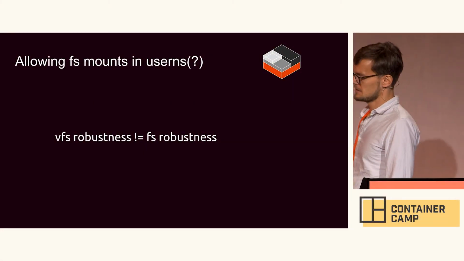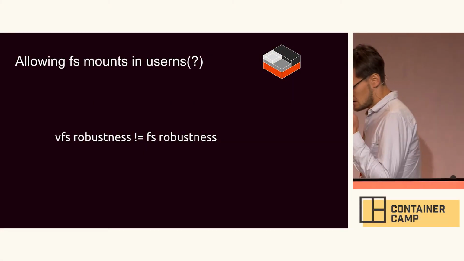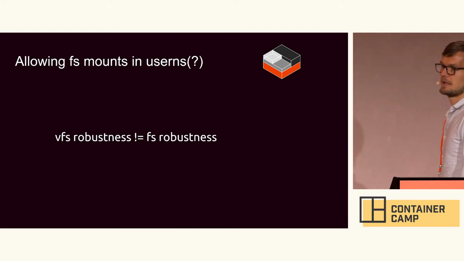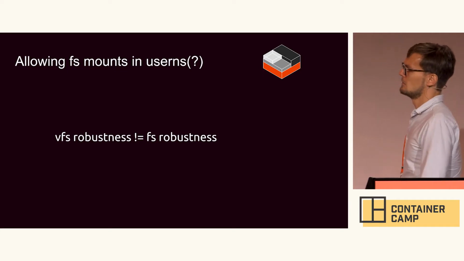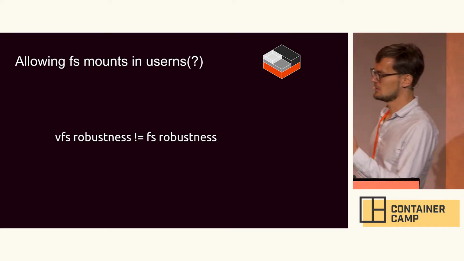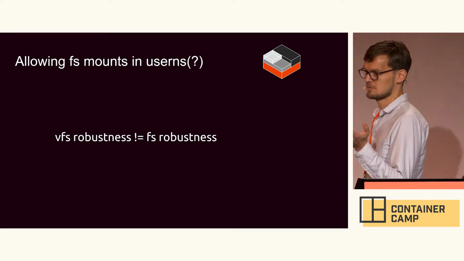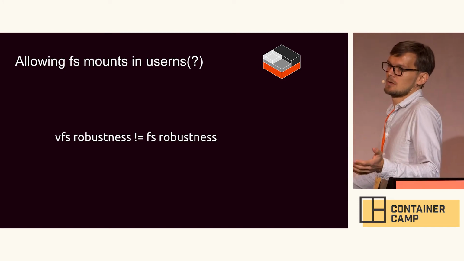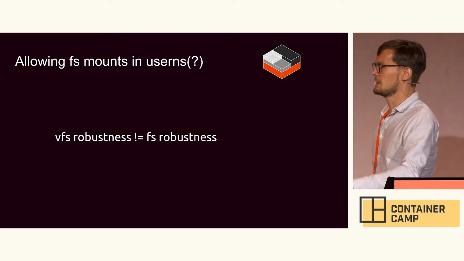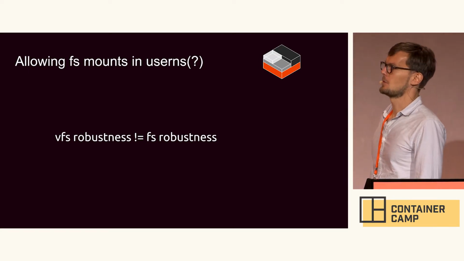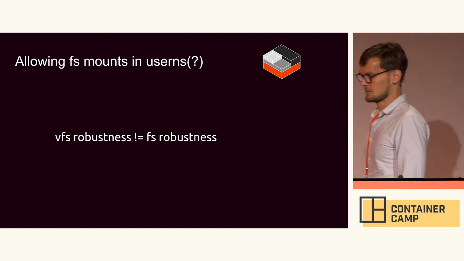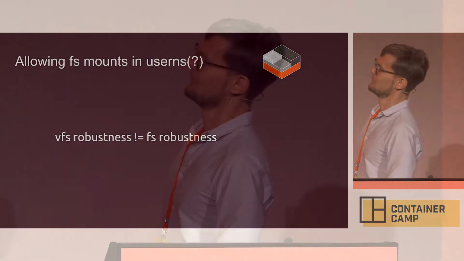So the VFS says you're allowed to mount a new file system in your user namespace. Somebody hands you a disk device with a corrupted file system image that does something bad and crashes the kernel. Userns root in a user namespace now mounts this disk device. You have no control, you cannot restrict it, barring LSMs. You have problems. Sorry, I was almost cursing. I managed not to.